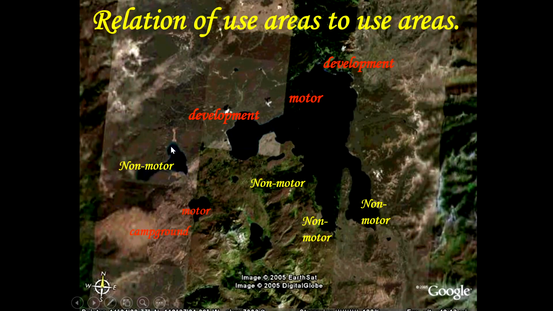It's about 5 miles across this wide end and about 10 miles the whole length of it. Then you have an all non-motorized place to boat. Interesting thing in Yellowstone, none of the rivers are you allowed to boat on them, kayaks or rafts or otherwise, except that little piece of Lewis River right here. So this use area to use area is just showing that there are some places in Yellowstone where you can be in a muscle powered boat and away from the motor boats, because they can be in conflict with each other.